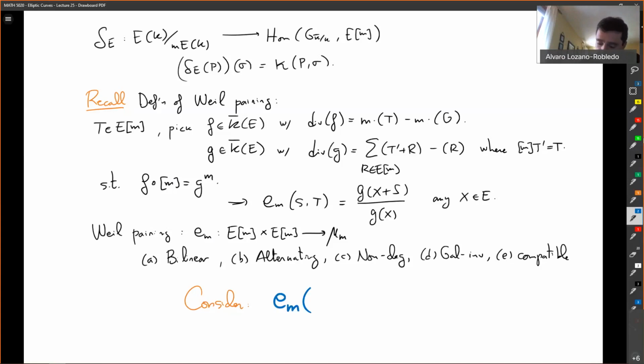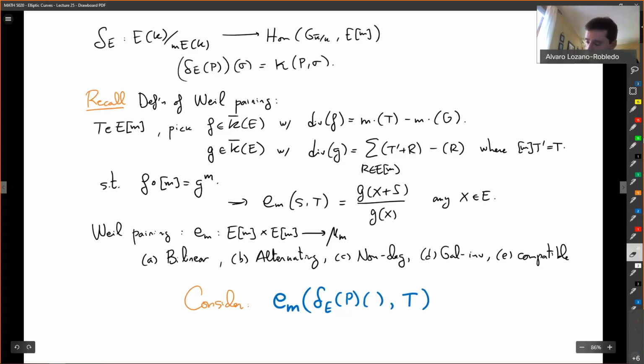So I can write delta_E of P evaluated at sigma. That will be an M torsion point. And I can pair it with a point, an M torsion point T. Now if I leave that sigma as a variable, this is actually what's going to vary here. So the variable is right there.